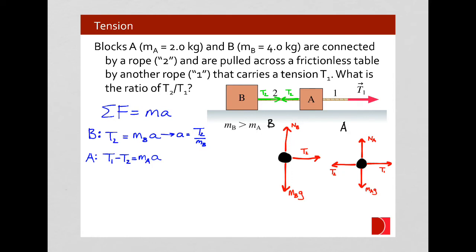So here we have solved for the acceleration. Now we can plug that acceleration in. Instead of a, we're writing T2 over mB.